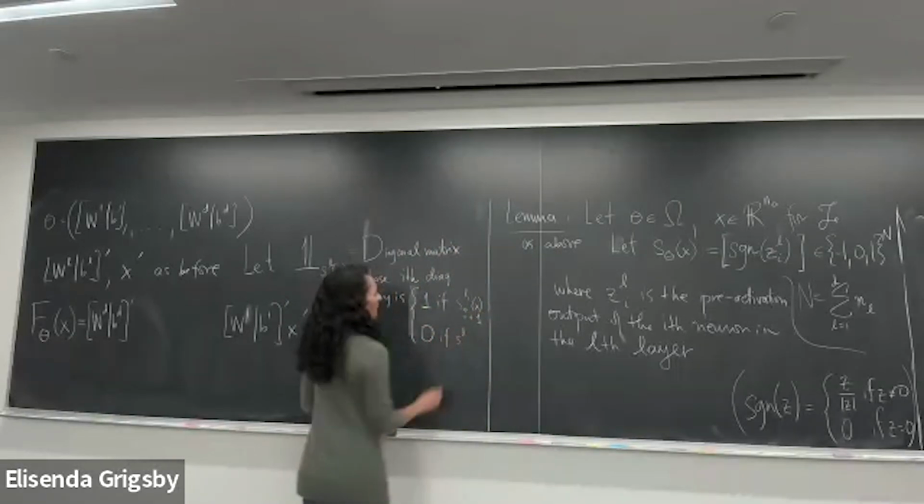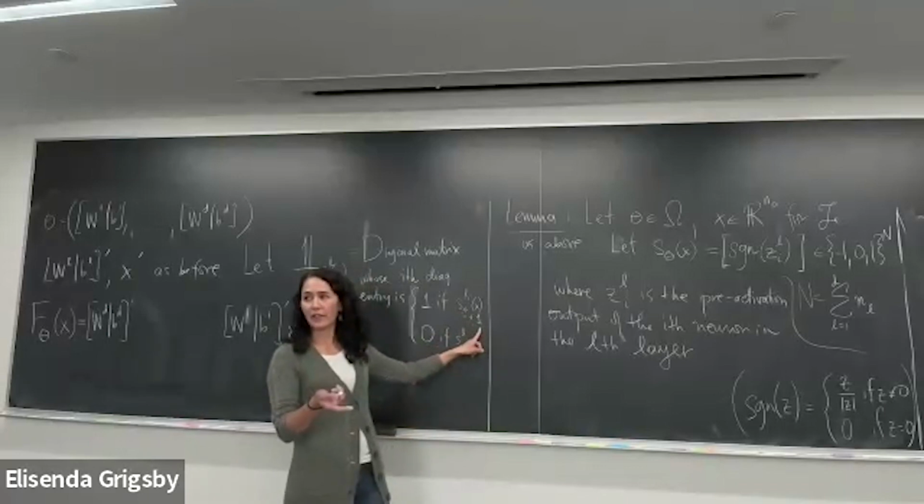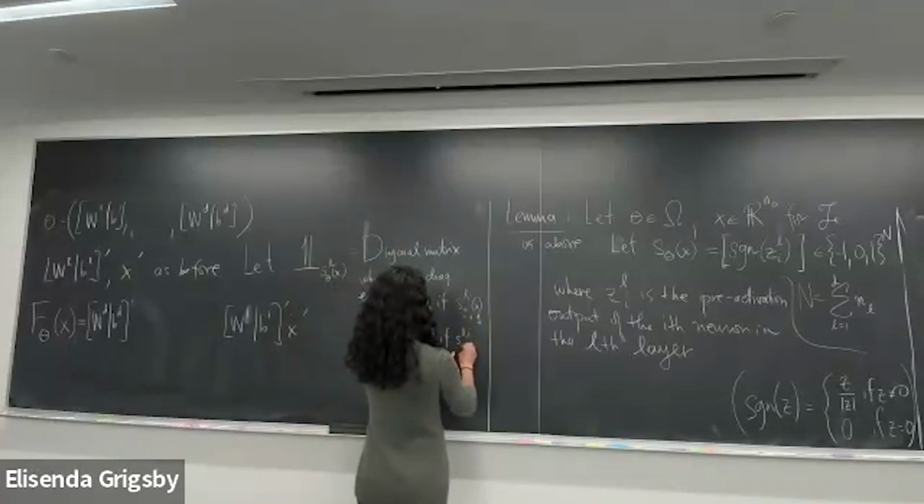Essentially, if the sign is positive, the neuron is on; if the sign is negative or 0, the neuron is off.